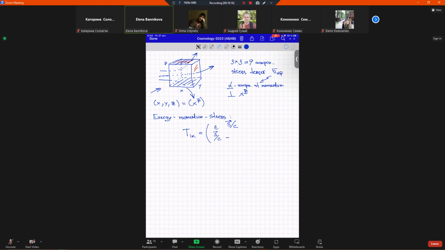So this is minus sigma alpha beta. Like this. If we write it with all components, for example in a Cartesian system, we can write it in a much more detailed form. This is epsilon, this is Sx over C, Sy over C, Sz over C. Here also Sx over C, Sy over C, Sz over C.